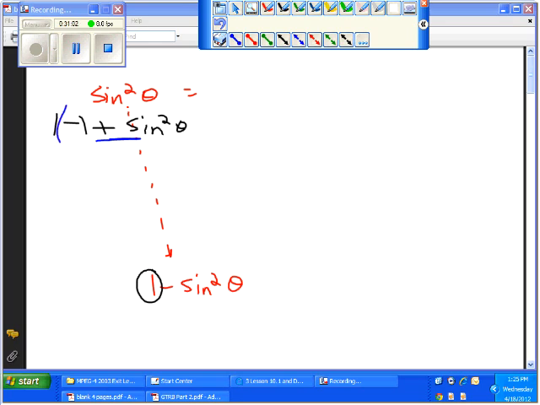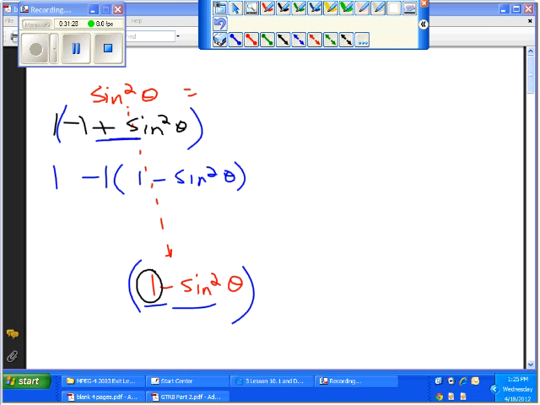All you have to do is group that, because that's starting to look like that. But the 1 is the wrong sign, and the sine is the wrong sign. To change a sign, all I've got to do is factor out a negative 1, and that changes the sign, and put my 1 back. And now what's in there looks just like what I was looking for.